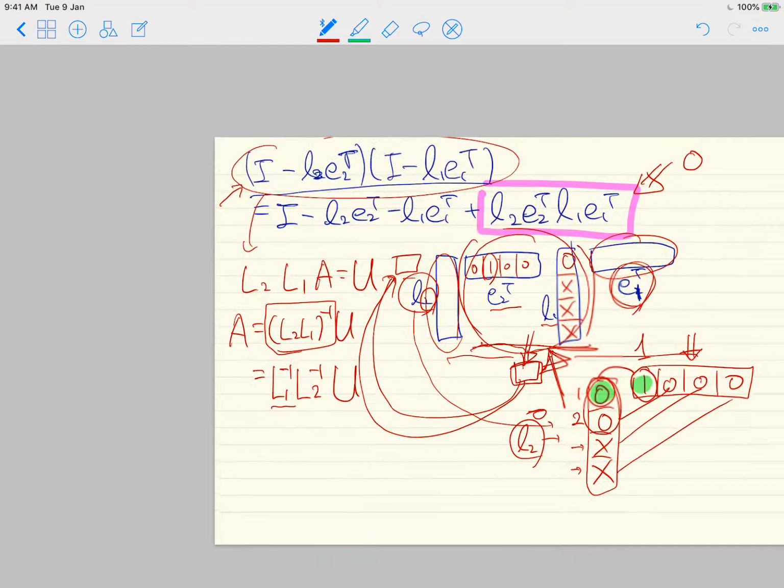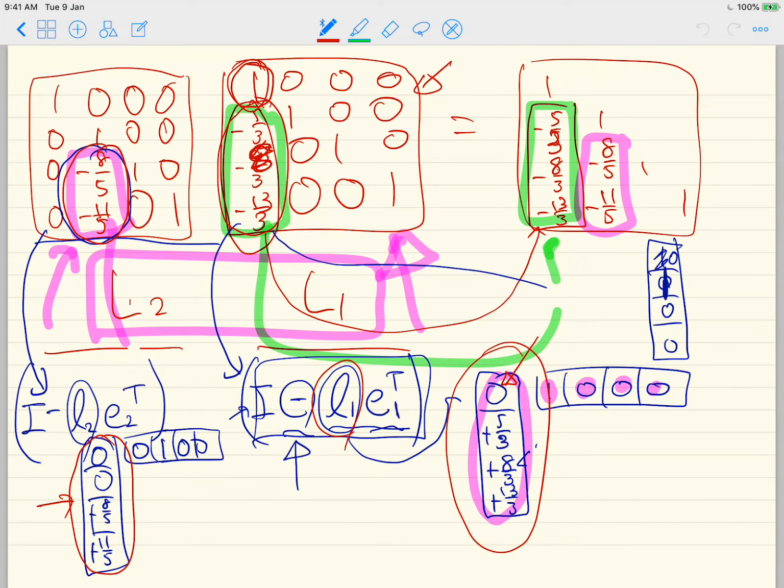Okay, so again, L is one of these two matrices, right? So in this case, we can now represent L in this form, and let's just consider L1 first.